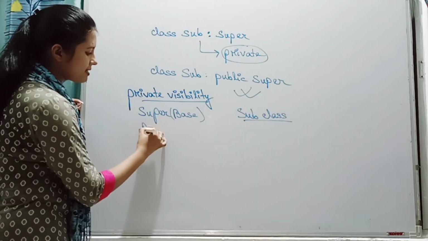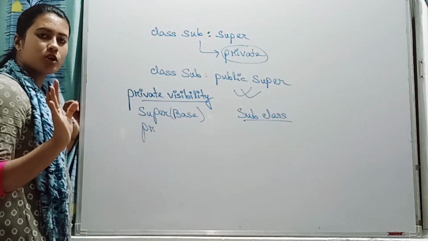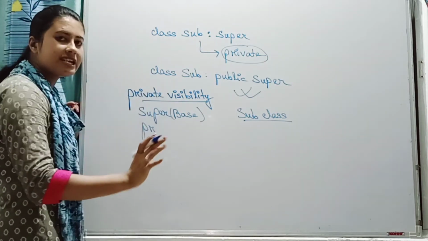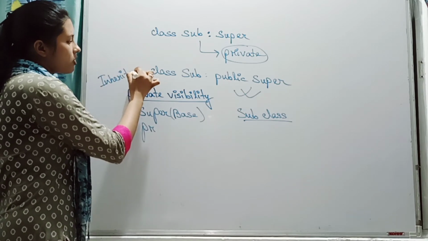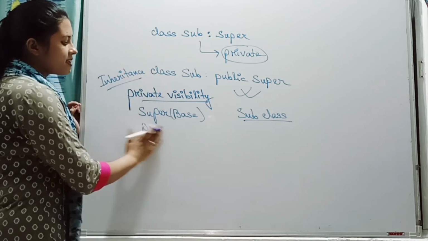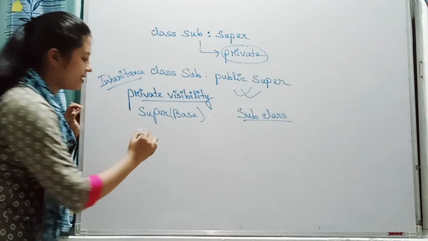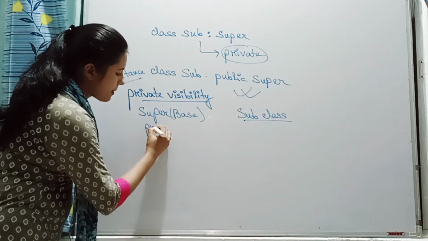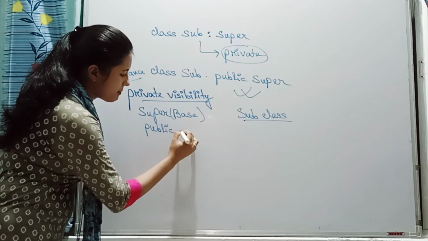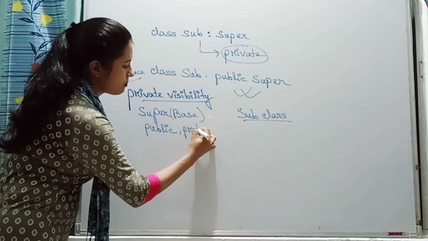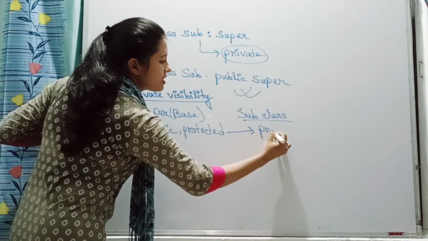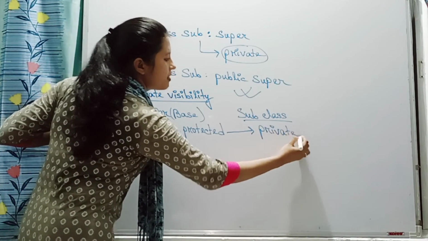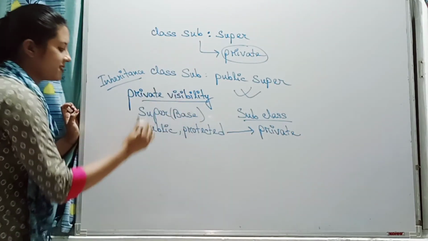The private members I am not talking about, because private members are never inheritable. Here I am talking about inheritance. So what happens? The public and the protected members of the superclass become private in the subclass. This is for the private visibility.